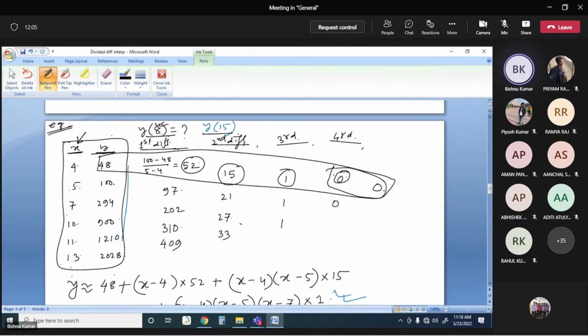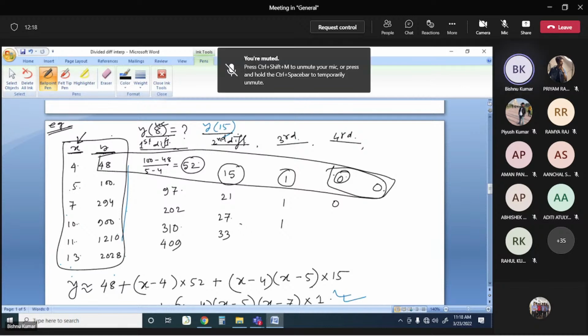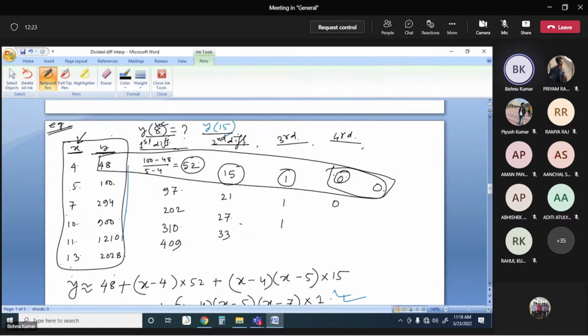Since h is not equal here, in every term we are dividing by something in the denominator. If the x values are not equally spaced, for example in this example, you see the difference of these two is 1, but the difference of these two is 2, and of these two is 3. 10 minus 7 is 3, but 7 minus 5 is 2, and 5 minus 4 is 1.